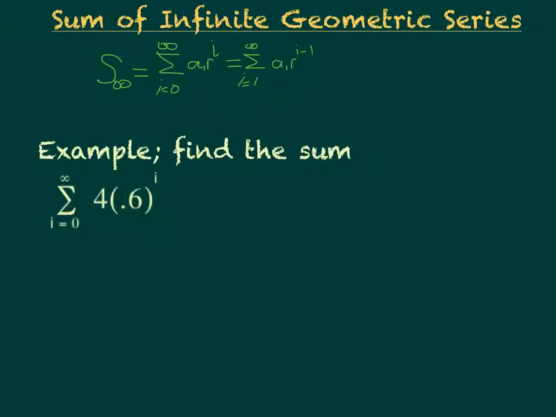So those are both the same thing, and that's also equal to our generalized formula of a sub 1 over 1 minus r. So that would be the key thing that we're going to be working with.